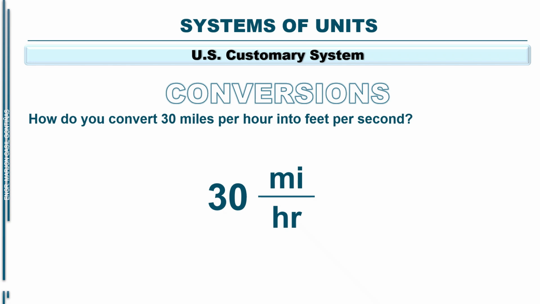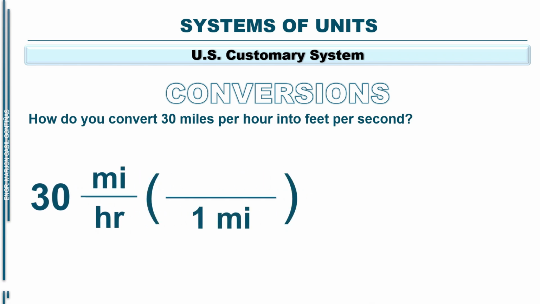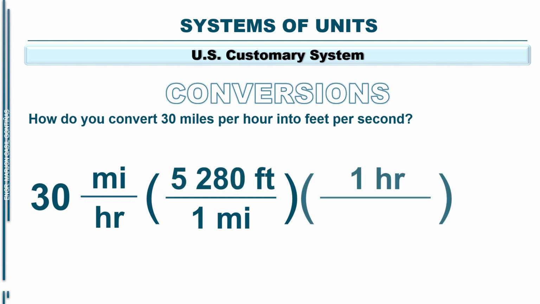Again, here's something important to remember. When we use 1 mile equals 5,280 feet, we're talking about statute miles. That's for land distances. We're not dealing with nautical miles here, for now. So our conversion goes like this. 30 miles per hour times 1 mile, that is equal to 5,280 feet, times 1 hour, that is equal to 3,600 seconds.